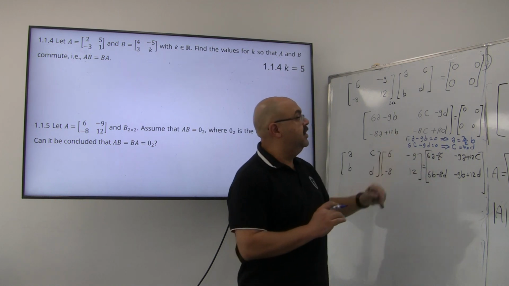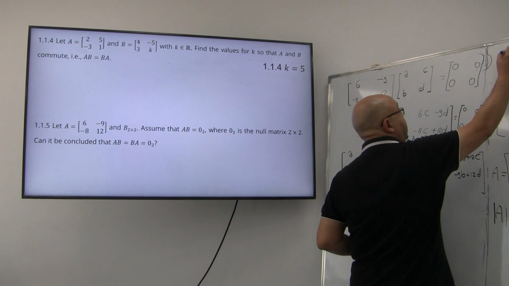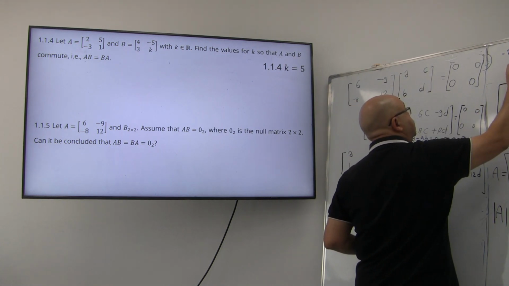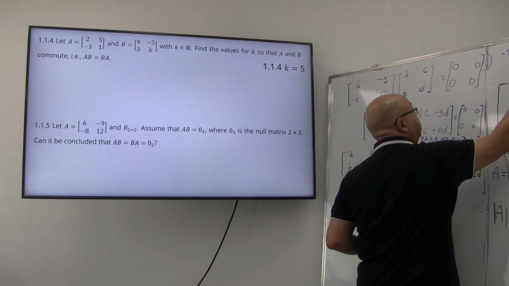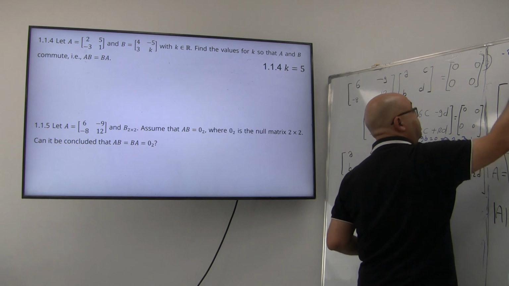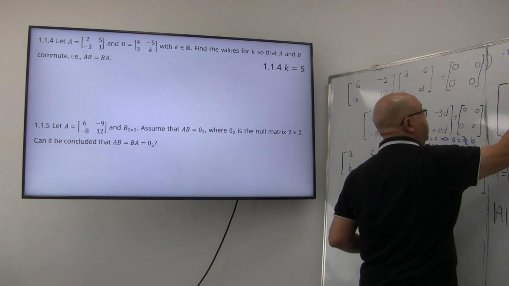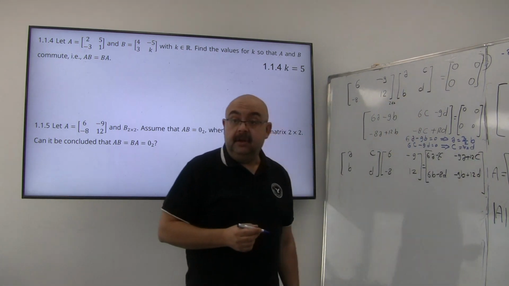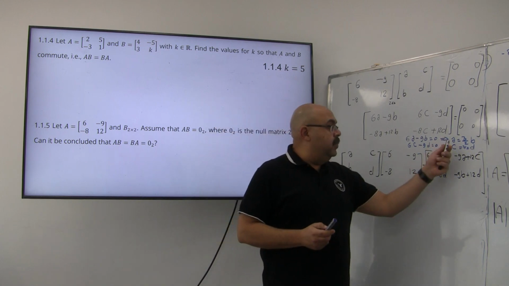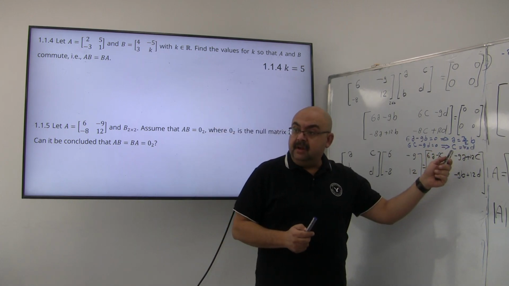So you will have negative 8c equal to negative 12d. So c is going to equal negative 12d divided by negative 8. Removing the negative 4 from both, c equals 3 over 2 d. This is a relation connecting a with b and c with d.